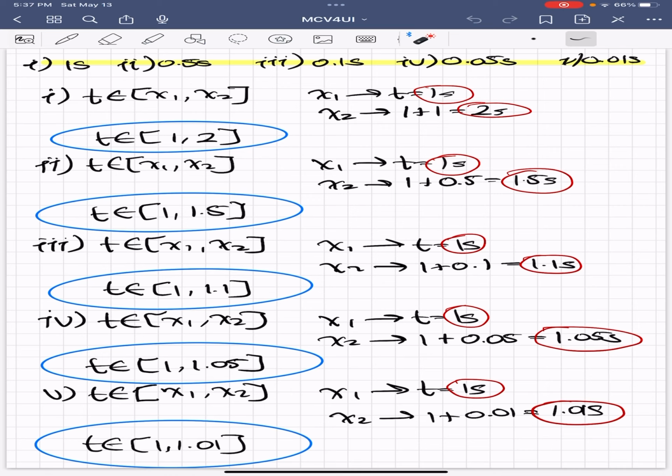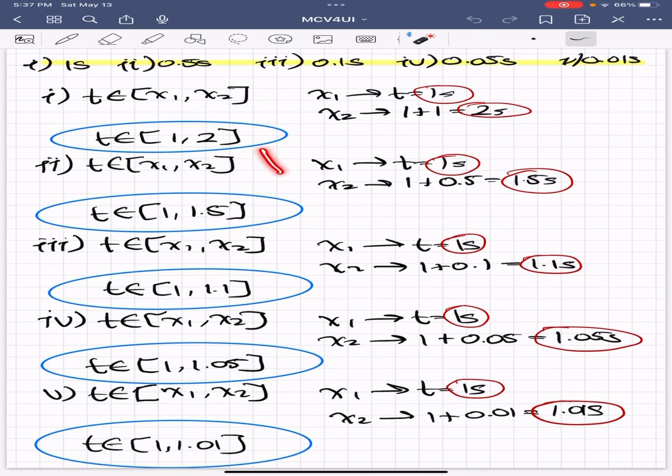I added each time lasting to the original x1, and I got 2 seconds, 1.5 seconds, 1.1 seconds, 1.05 seconds, and 1.01 seconds.